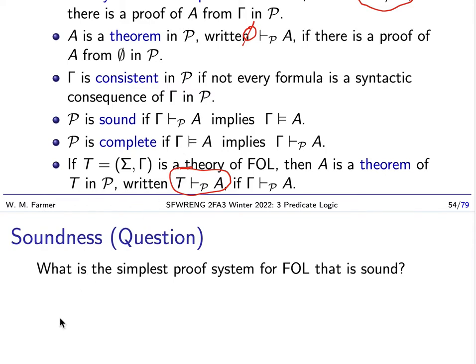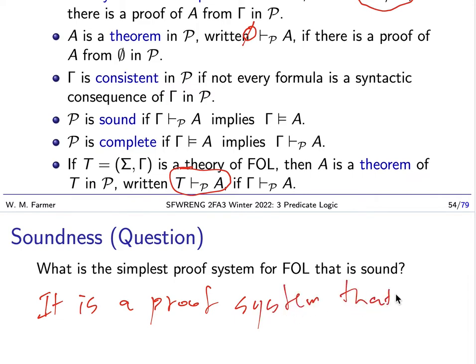So the simplest proof system is a proof system that can't prove anything.